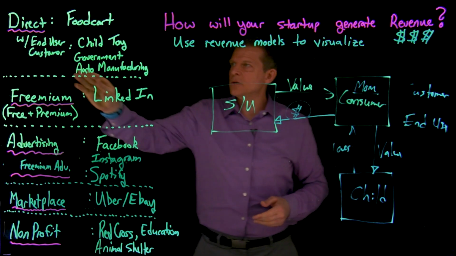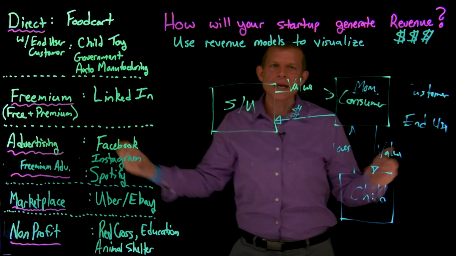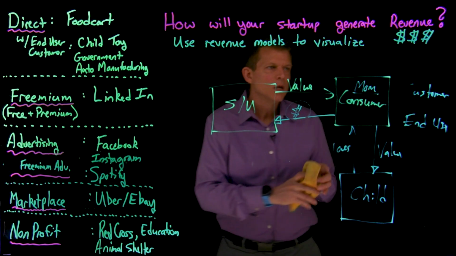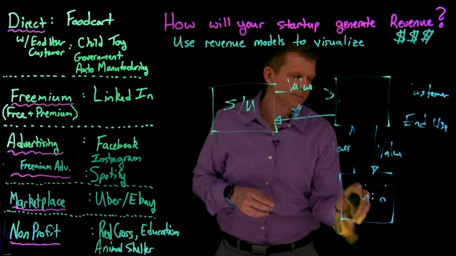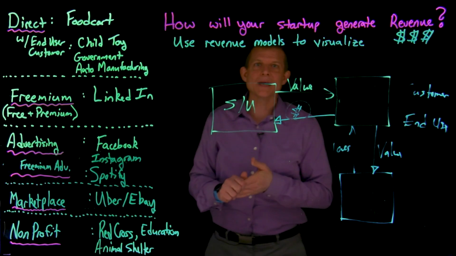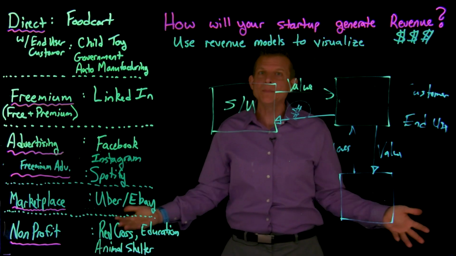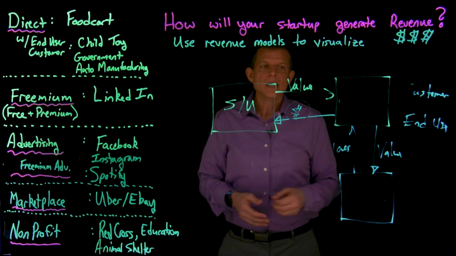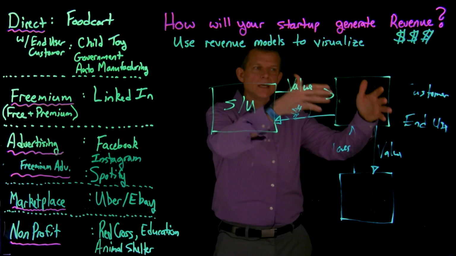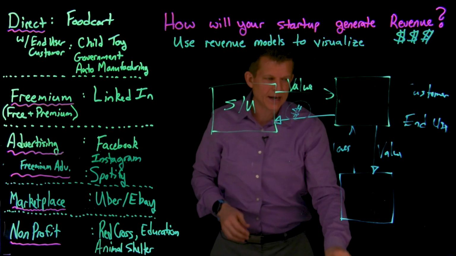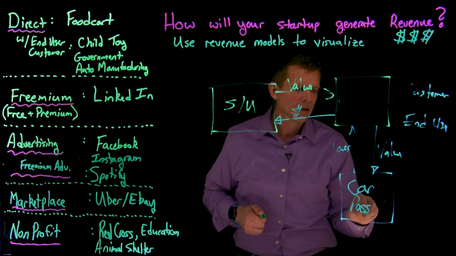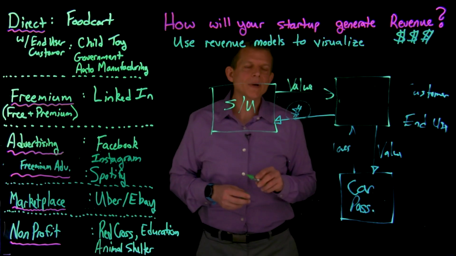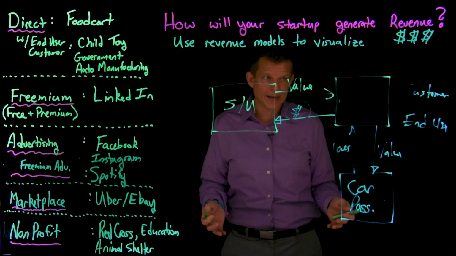So let's use auto manufacturing as another example. We've created a new airbag that goes in the car. And we're creating that airbag because we're going to save more people. It's safer. Therefore, the end user of the airbag is the car passenger, but they're not paying for the airbag.